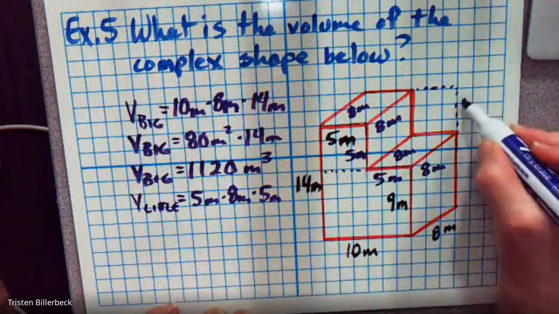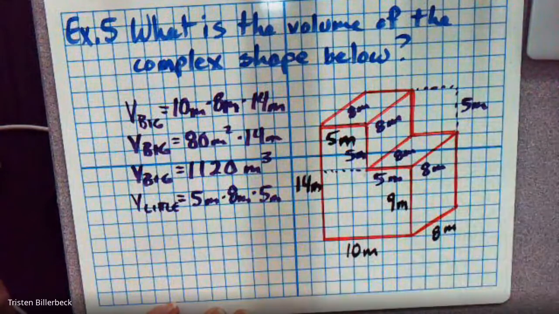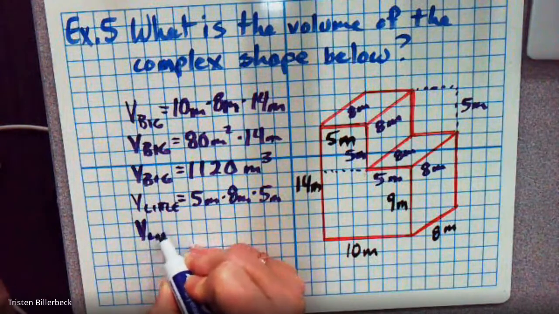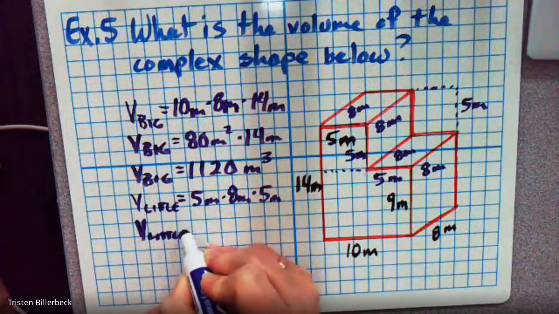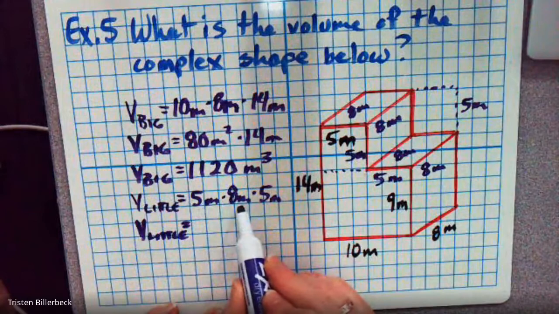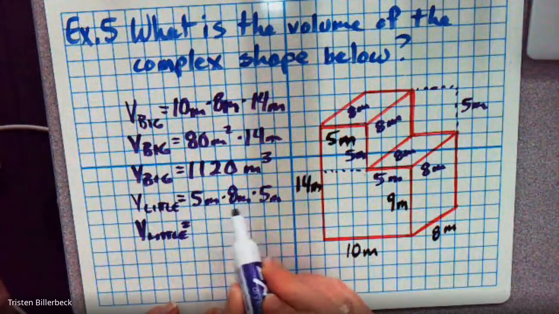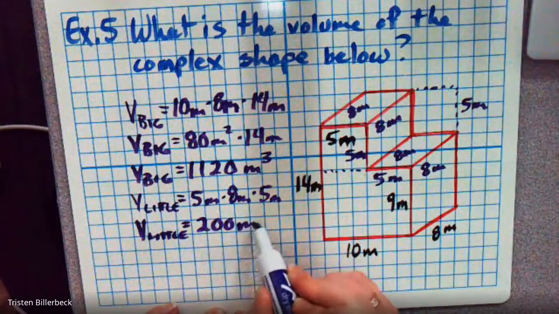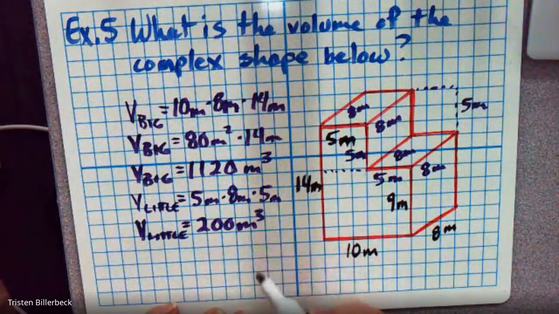Okay, so this is 5 meters right there. So our volume of our little one that's not there is 5 times 8 is 40. 40 times 5 is 200 meters cubed.